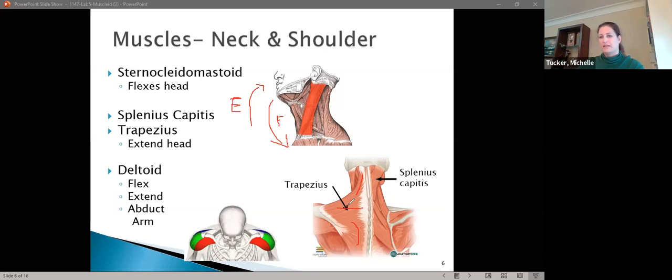And that is something to keep in mind when you're identifying muscles, whether you're looking for a large superficial muscle or something deeper like splenius capitis. So on our torso muscle, you can see that trapezius gets cut off here, and that splenius capitis is deep underneath it. And when splenius capitis contracts, it's also going to extend the head and pull that chin back up.